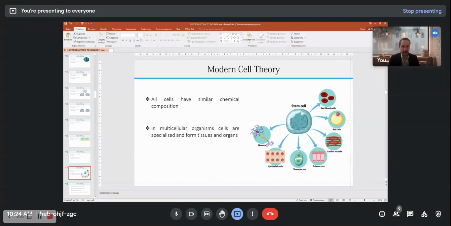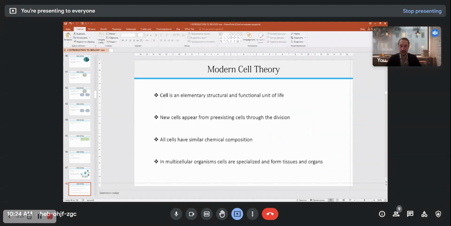So there is a stem cell that produces different types of so-called specialized cells, and we will discuss this concept of stem cells also during one of our seminars, because we can spend several lectures talking only about stem cells and stem cell specialization, differentiation, I would say, not specialization.